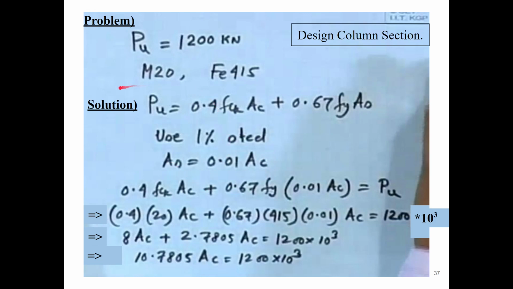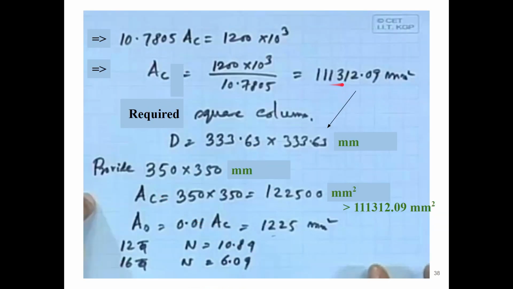As we all know, the load carrying capacity will be estimated using this formula, which is PU equal to 0.4 FCK AC plus 0.67 FY AS. So substituting the values, we will calculate the AC required. If you see here, the AC value comes out to be around 11312.09 millimeter square.